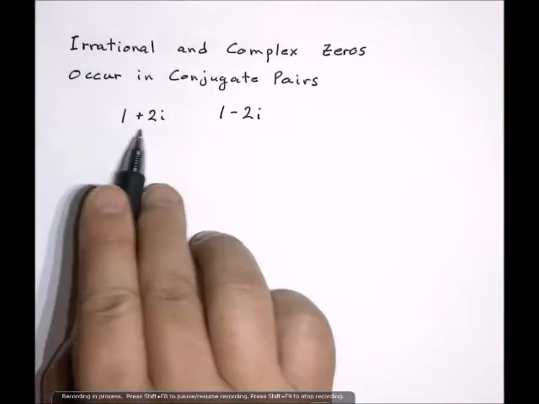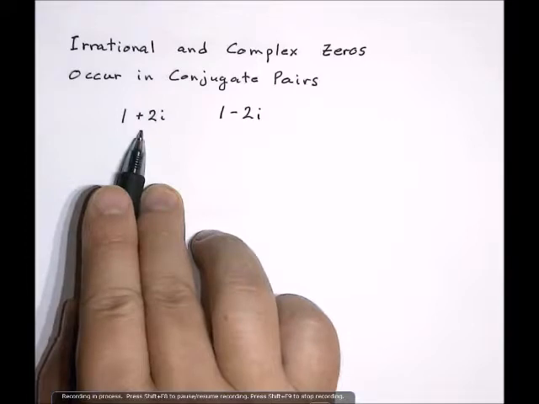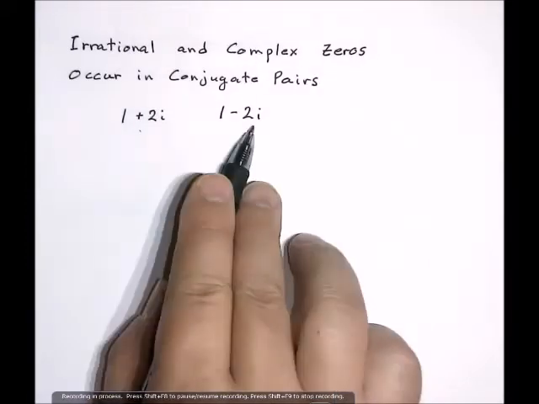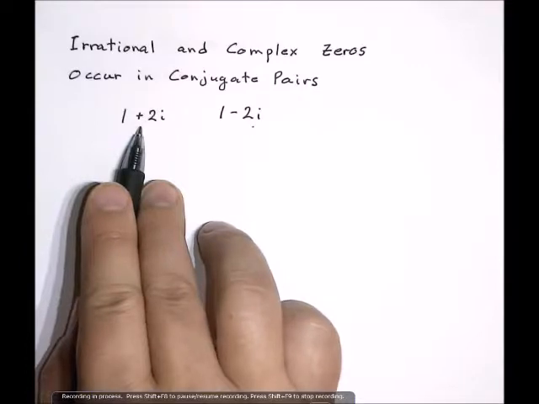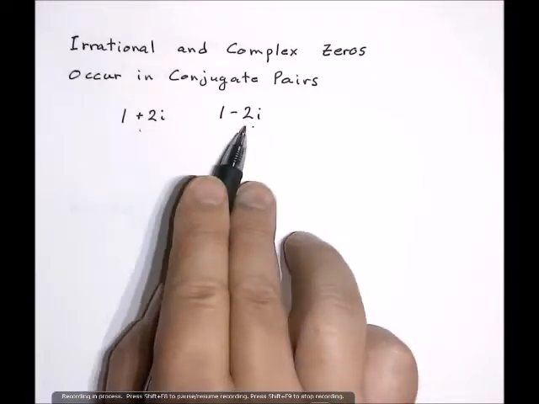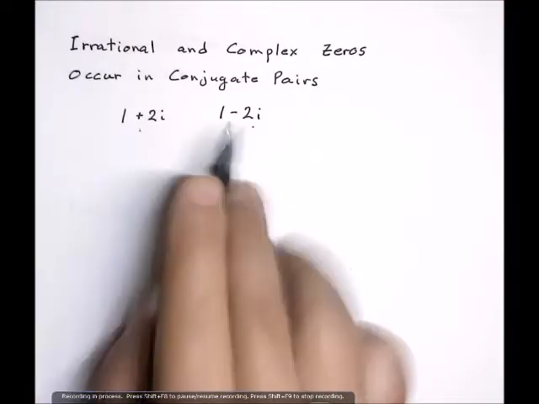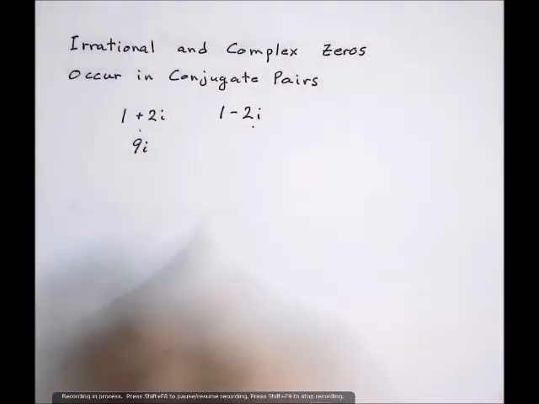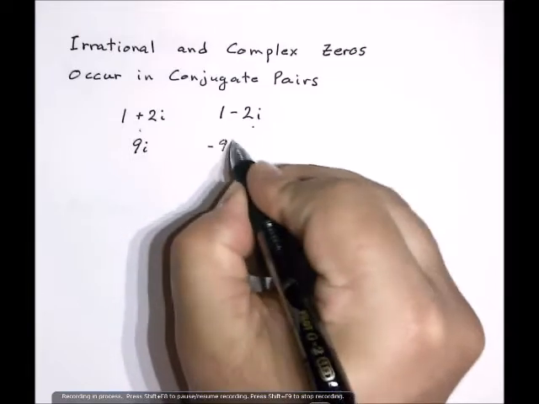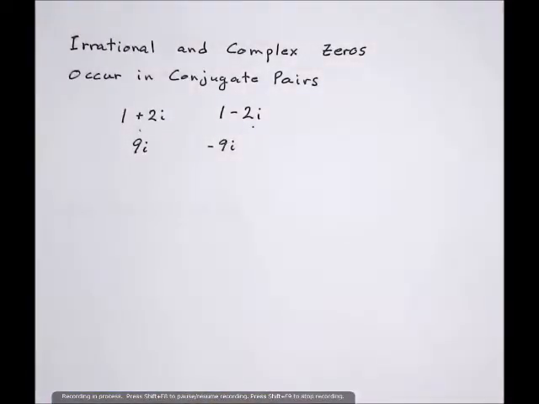So if that's a complex number, that's its conjugate. If that is one of the factors, I'm guaranteed that that's a factor.